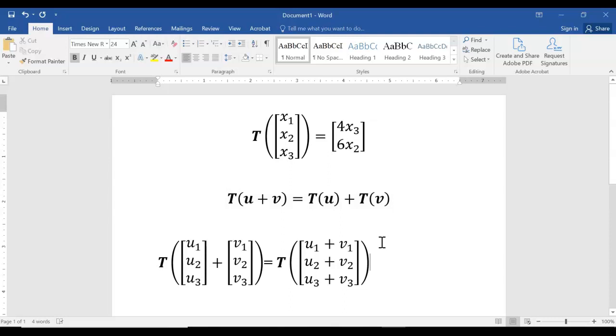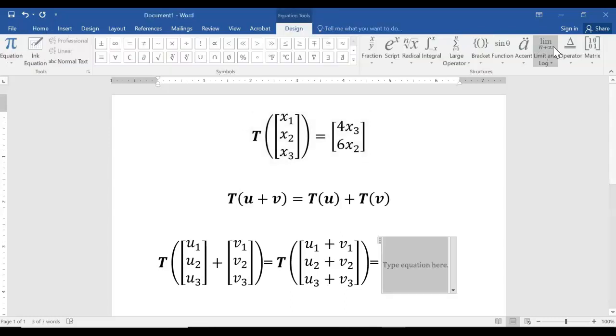If I plug in a three-dimensional vector, I'm supposed to get out 4 times that third entry in the first spot of my output vector, and 6 times the second entry in the second spot of my image, or again, output vector. So how does that translate to here?